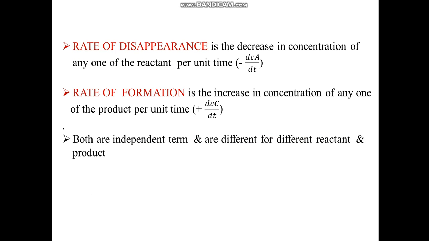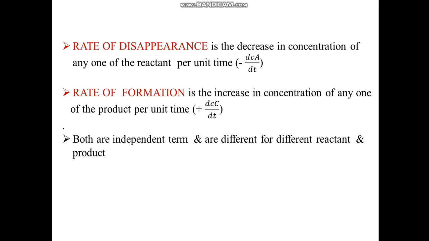But the rate of disappearance is simply the decrease in concentration of any one of the reactants per unit time, represented as minus dCA by dt.